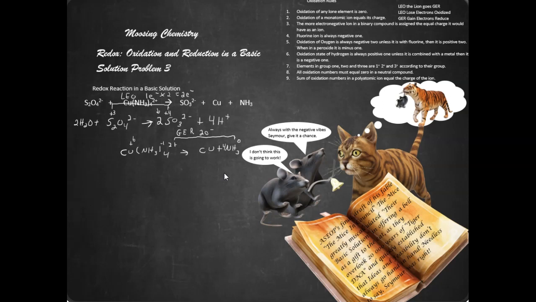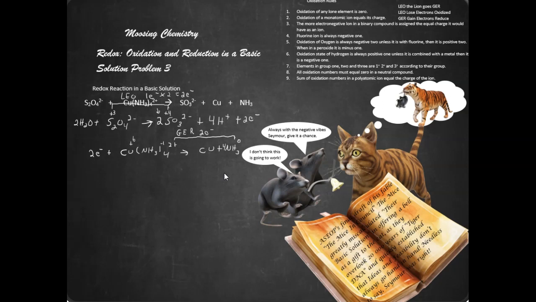Now the next question we have to ask ourselves is, since these are both 2 electrons, we're going to just add electrons to both sides. So this is gaining 2 electrons, so we're going to put the electrons here. And this side is losing electrons, so we're going to put the electrons there.